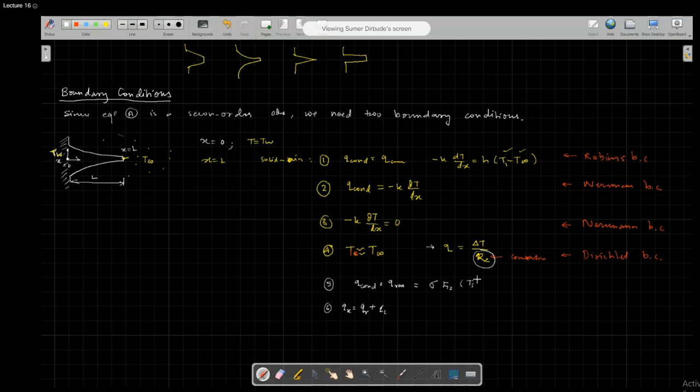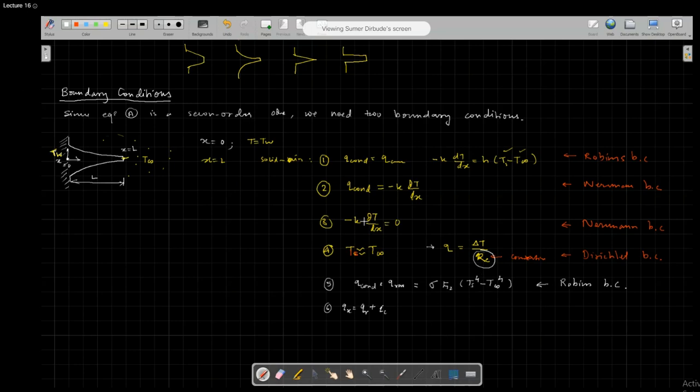And you can have Ts to the power 4 minus T infinity to the power 4. This is also another boundary condition which can be specified here. And this is also a Robin type of boundary condition.